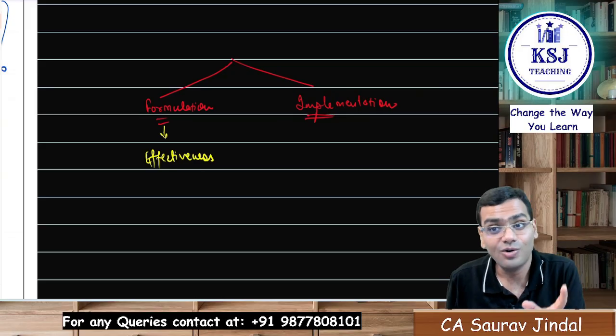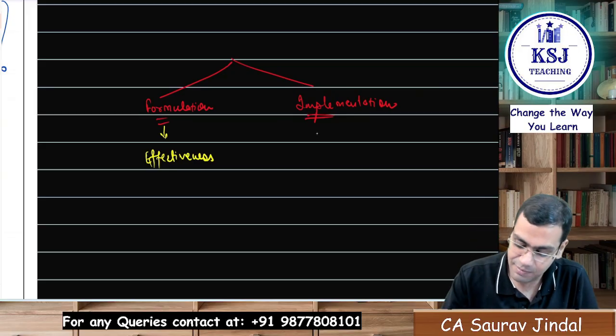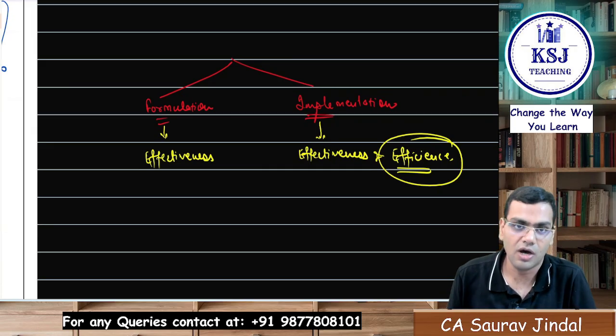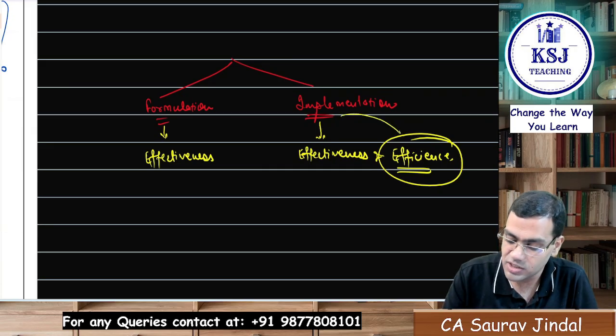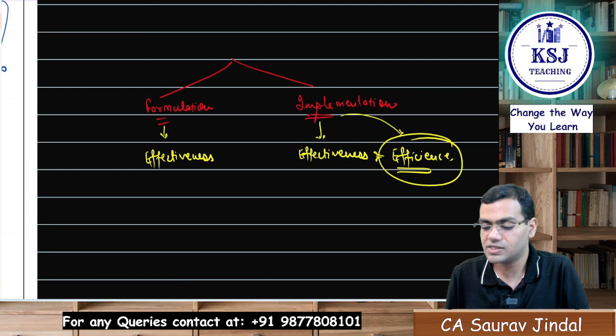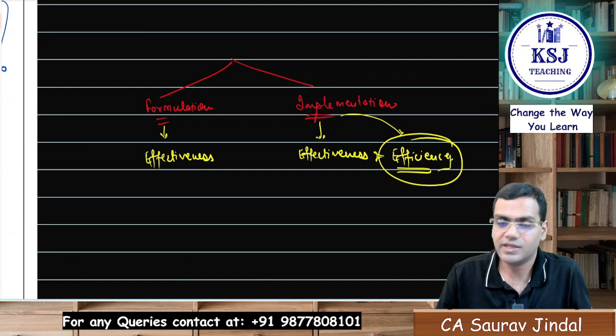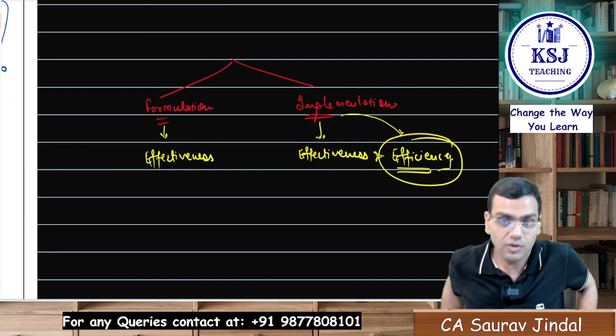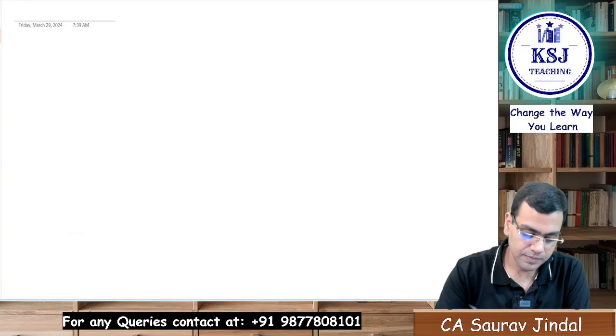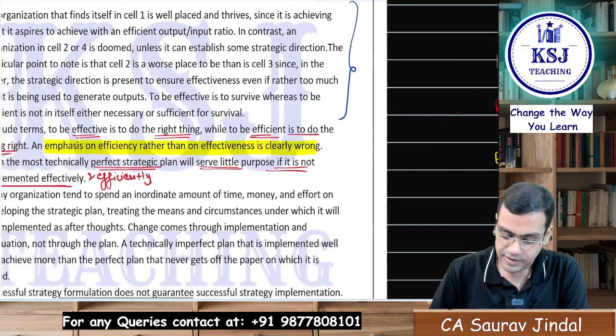Implementation is how to do those things. So implementation is related to both effectiveness and efficiency, that is, whether you will be able to implement that effective strategy with efficiency or not. Mainly implementation is related to efficiency, because efficiency is related to action, whatever you are doing, whether you are doing it right or not. Okay, clear?